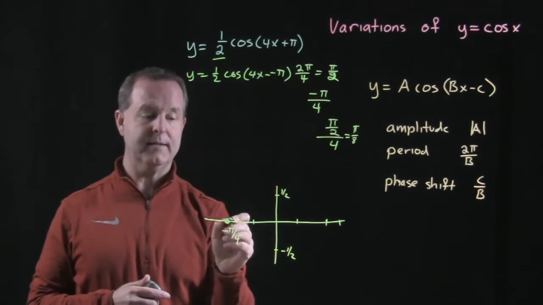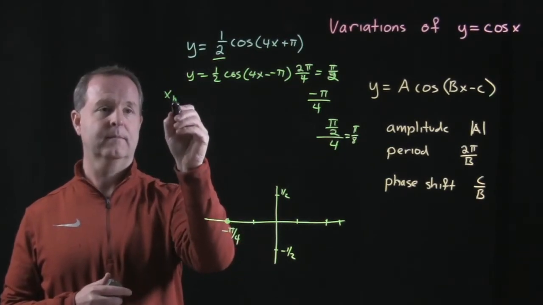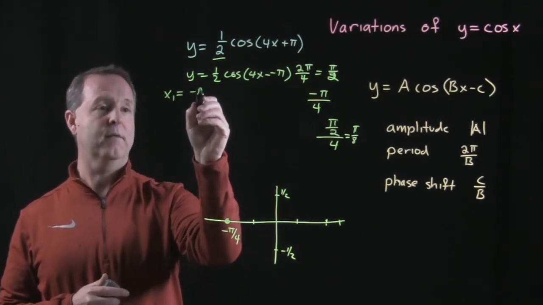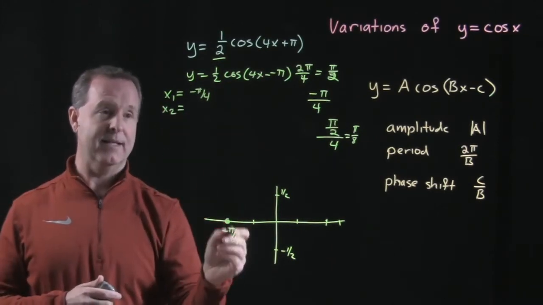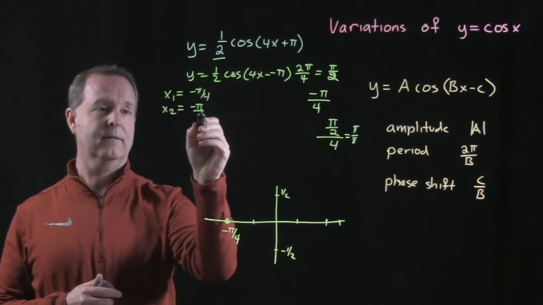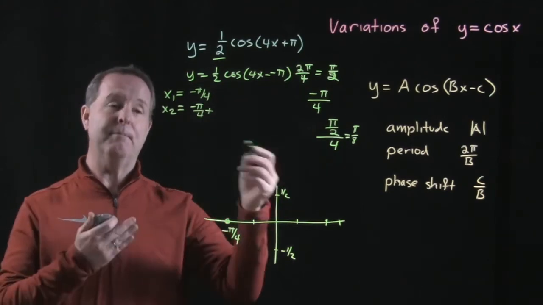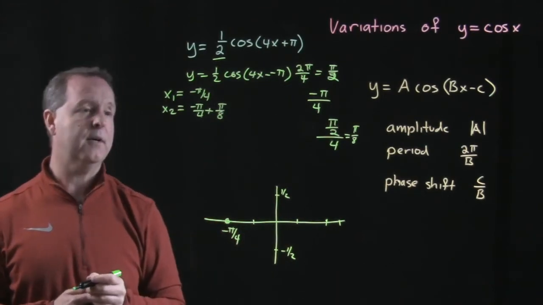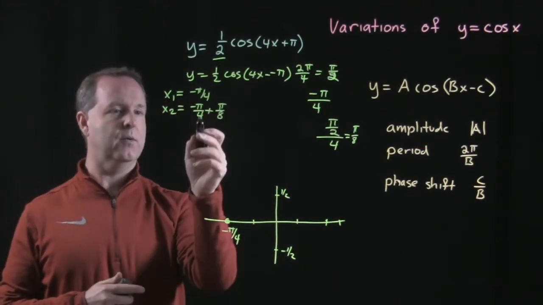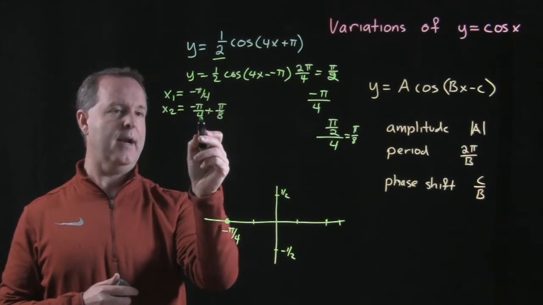So my first point, x1, is negative pi fourths. My x2 is this point plus pi eighths more of the way around. Add those together, and with a common denominator that makes negative 2/8.